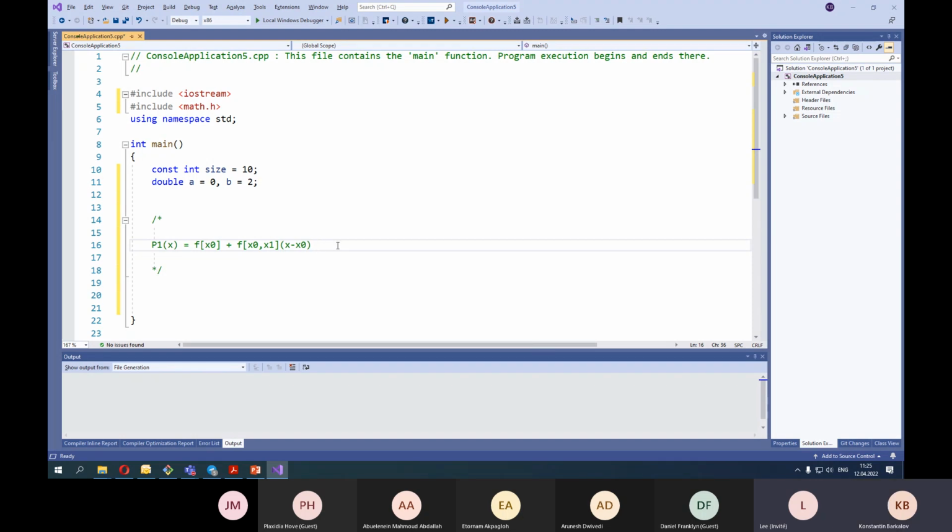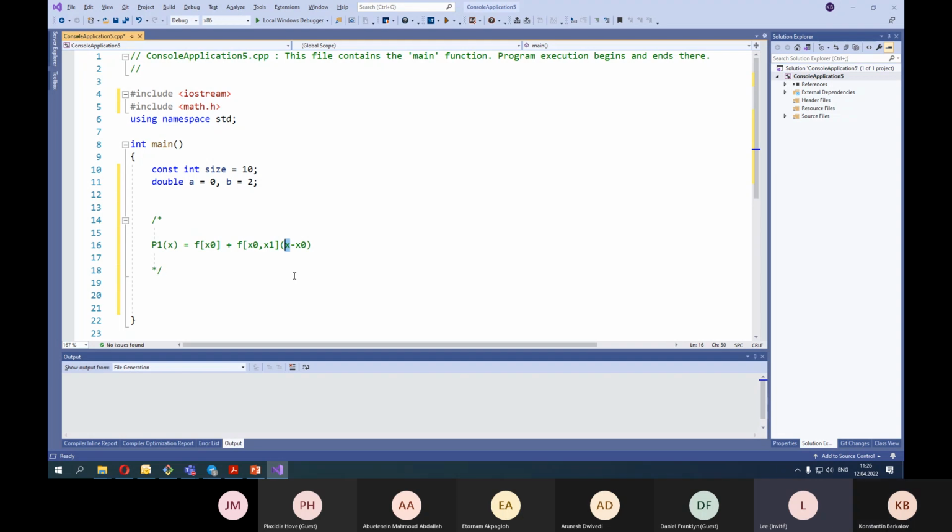If we stop now, we can say that we find a polynomial of degree 1. This is a number, this is a number, and this is a variable x in the power 1. It means that the degree of polynomial is 1.